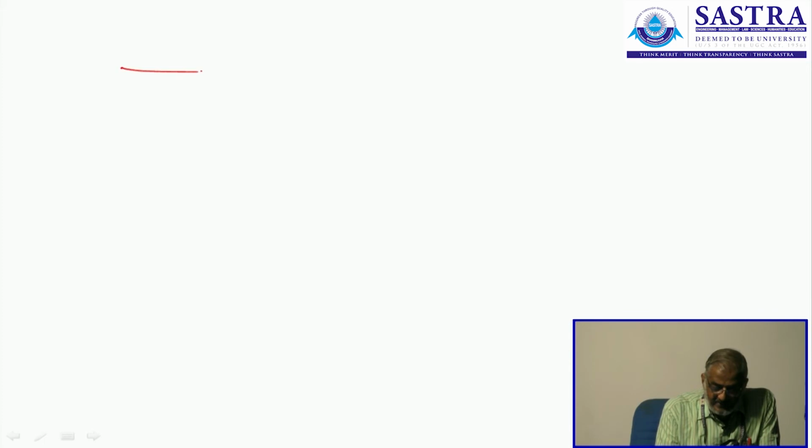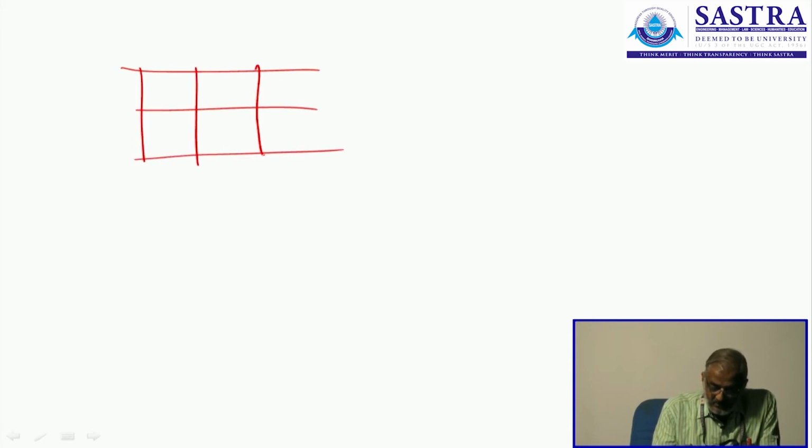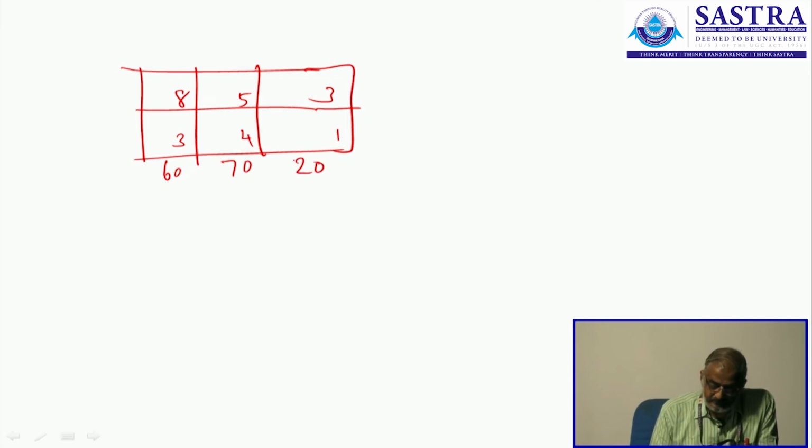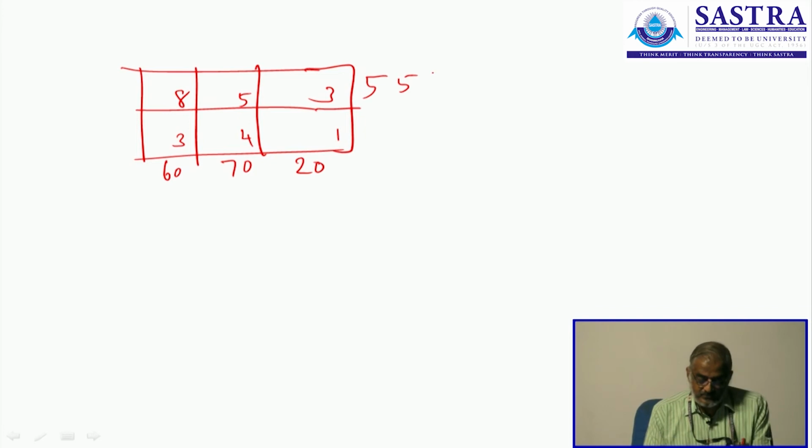Now let us solve a 2 by 3 transportation problem where the demands are 60, 70, 20, and the supply are 55, 95.